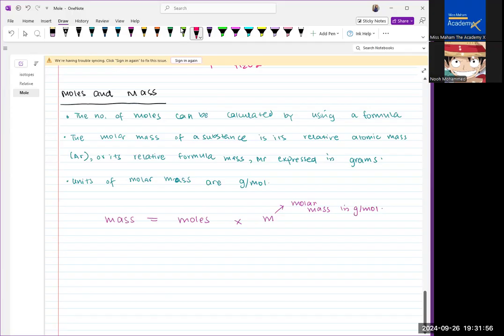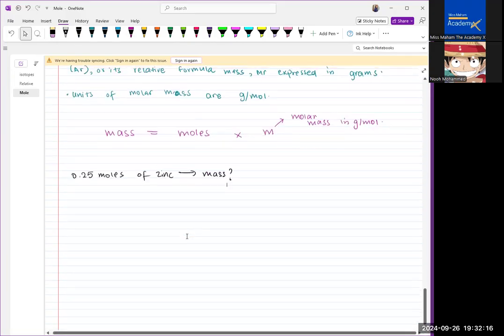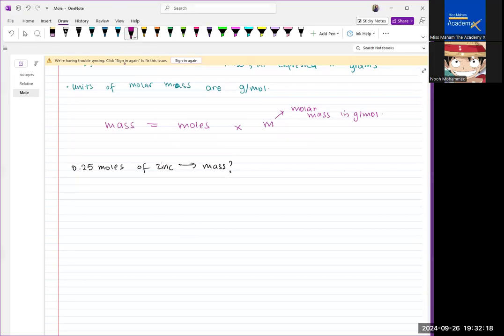Okay. So in an example, if I say, what is the mass of 0.25 moles of zinc? So if I want to know this, I'm going to use this formula.